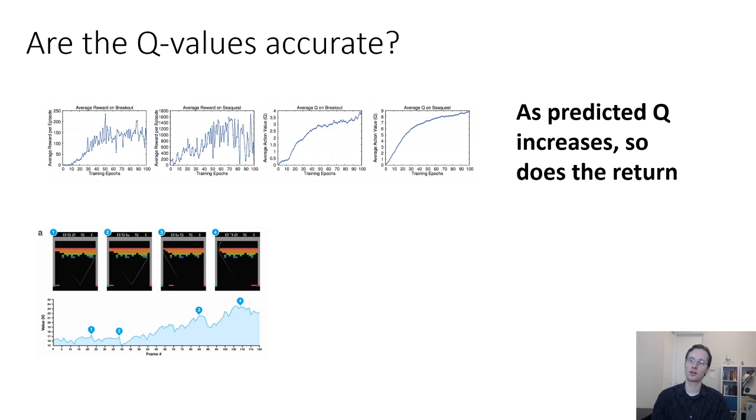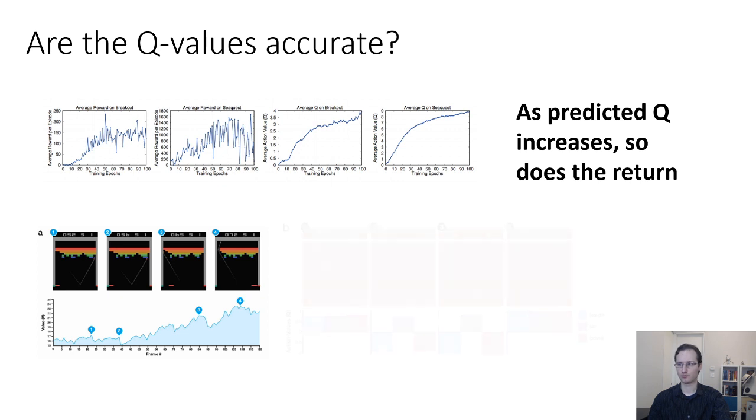And in step 4, your value is actually at its largest, even though you haven't broken any blocks for a while. You just bounced off the paddle, but you're about to ricochet off the ceiling, and you're about to get those mad points. That's why your value function is at its largest value. And it only goes down from there, because once you actually get the points, the value function drops because it knows you've received your points and you're going to get fewer points left over. So that all makes sense.